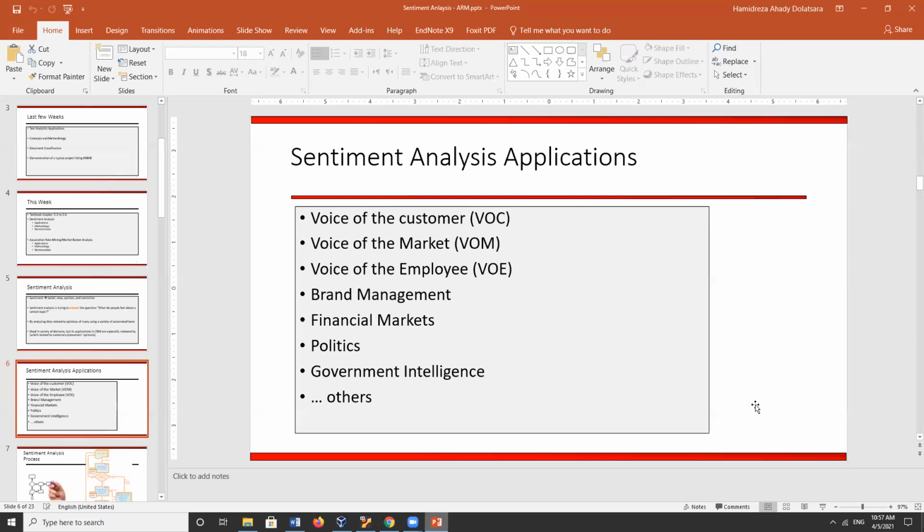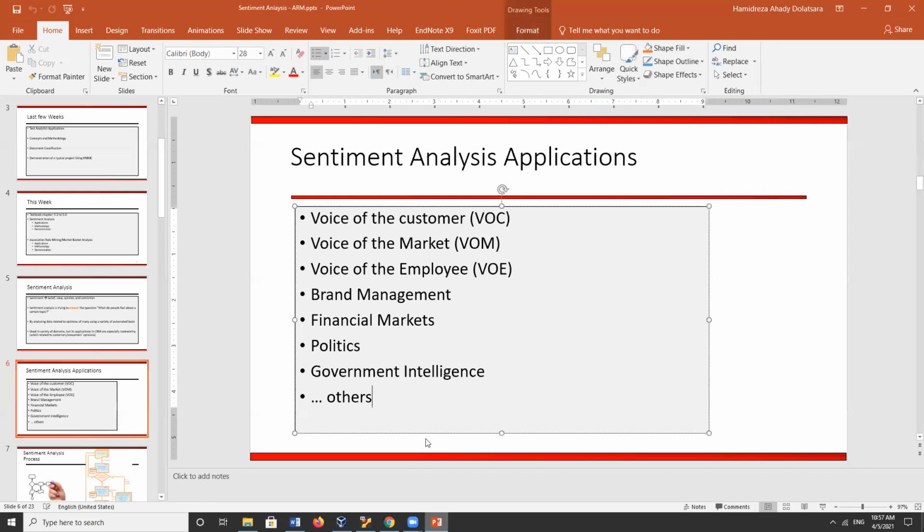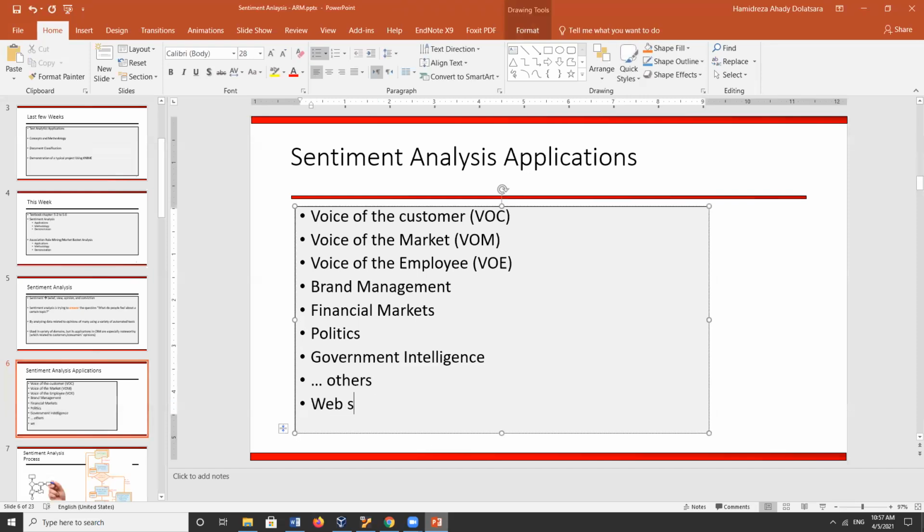There's another way, which is web scraping. Let me talk about web scraping. There are some Python packages like Selenium, Beautiful Soup, or Scrapy, or other packages.